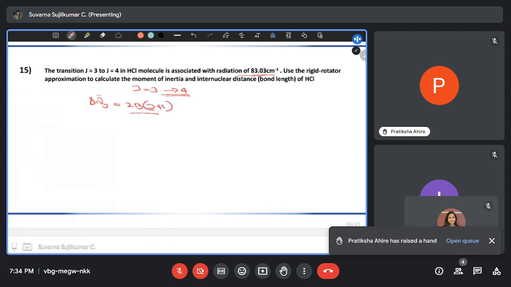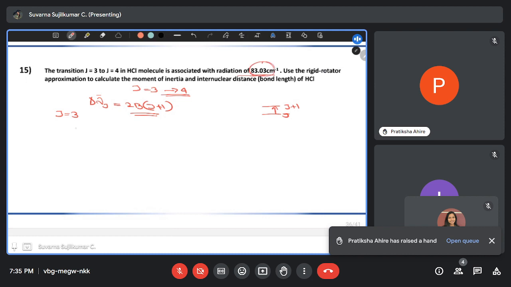This is the energy difference between the two states for the transition J to J plus 1. J is where the transition starts, and here J is 3. The energy associated with this transition is given by 83.03 centimeter inverse.